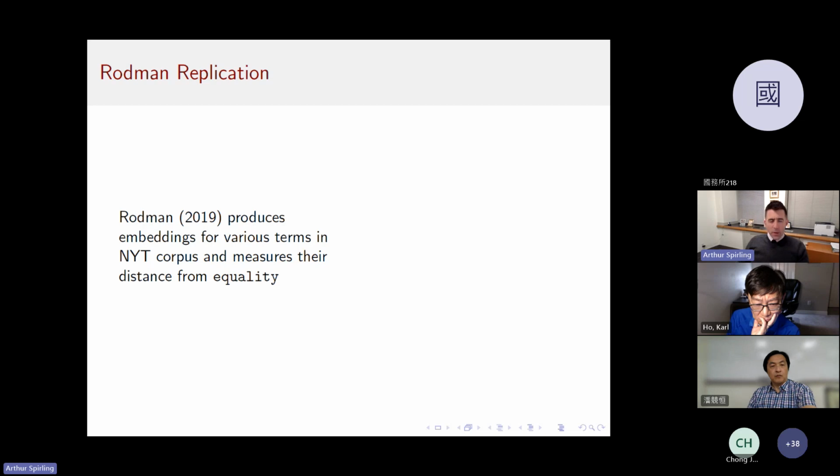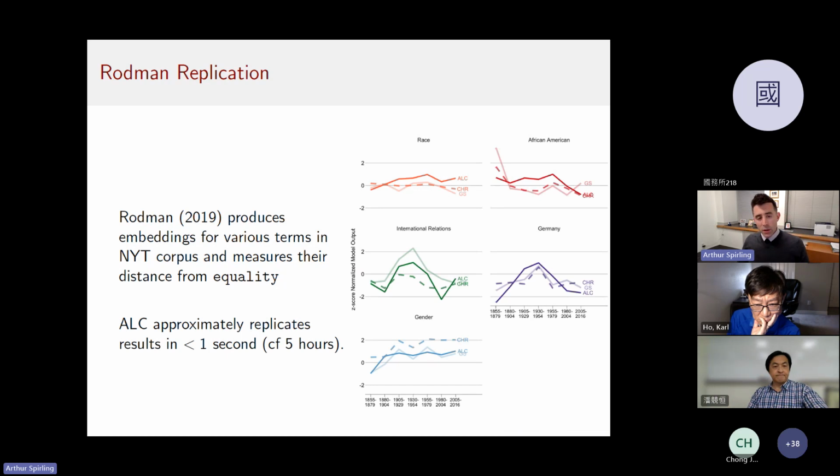So then in the paper, we turn to a replication of this very nice paper by Emma Rodman. I'll move through it quickly because it's not our paper, it's her paper. What she's doing is trying to get embeddings between a term like gender and the term equality.